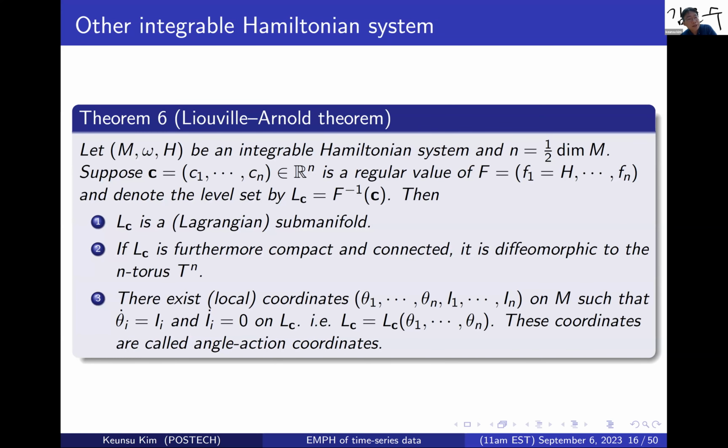And the Liouville-Arnold theorem tells us that we can use the same logic for other integrable Hamiltonian systems. Integrable means that a Hamiltonian system has a maximum number of invariants. By the symplectic structure, a Hamiltonian system has at most n independent conserved quantities. Let the conserved quantities be denoted by C.